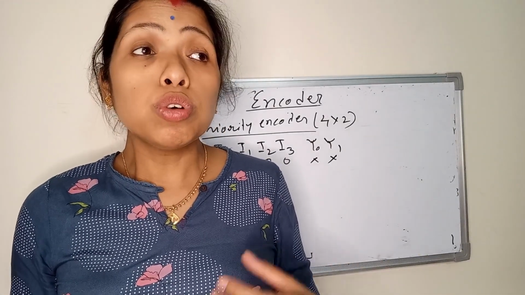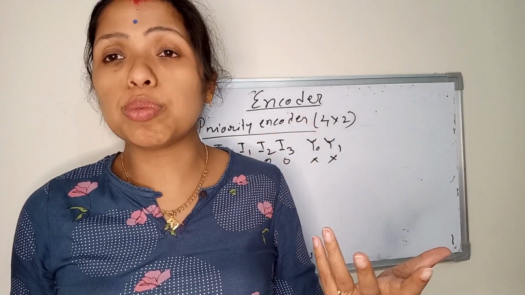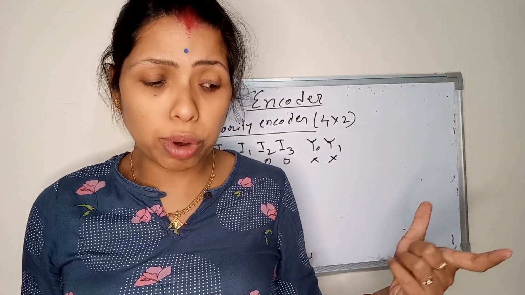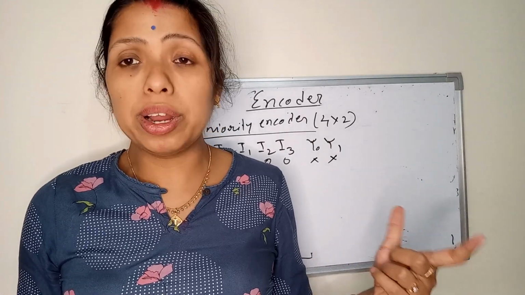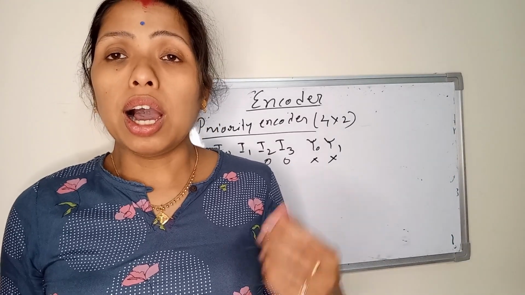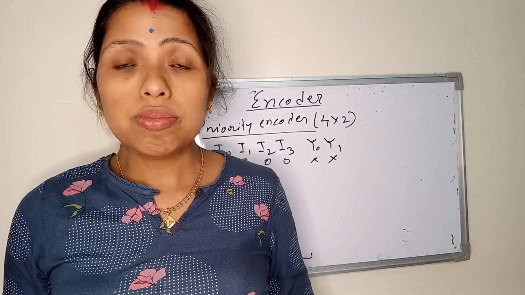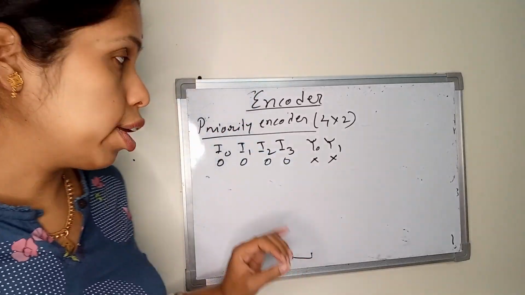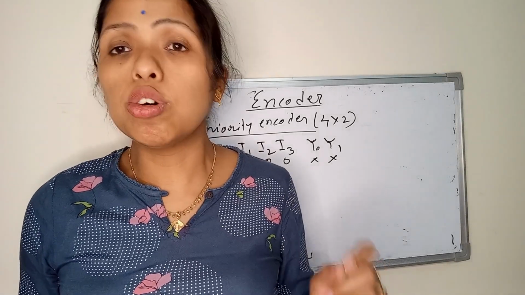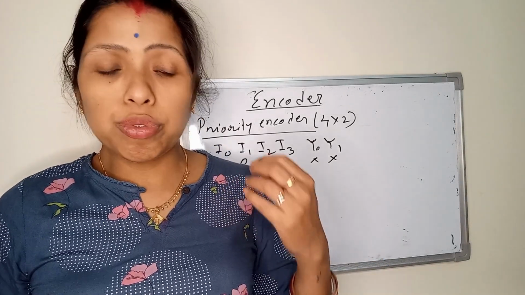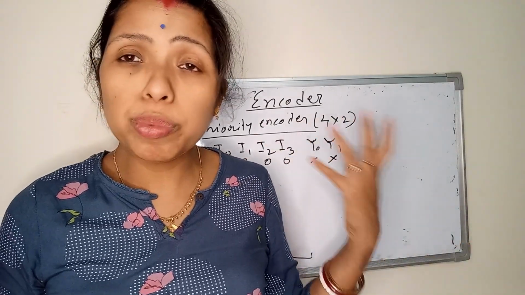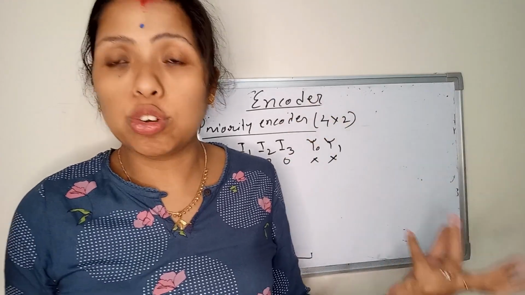If you send different kinds of combinations, suppose a binary number has multiple logic 1s, how will we handle this? In the previous truth table, in each case I had only one logic 1. But if you send multiple logic 1s through the input channels, what will be your output? That is the priority encoder.